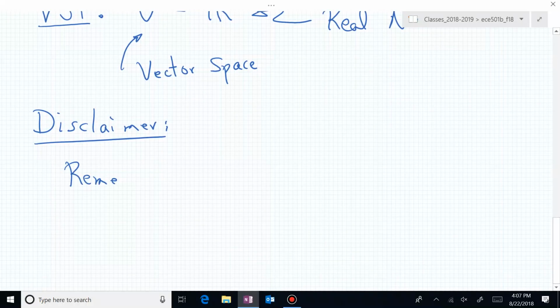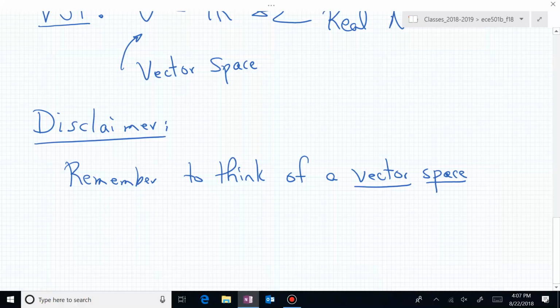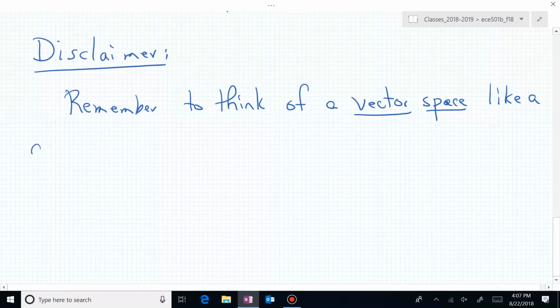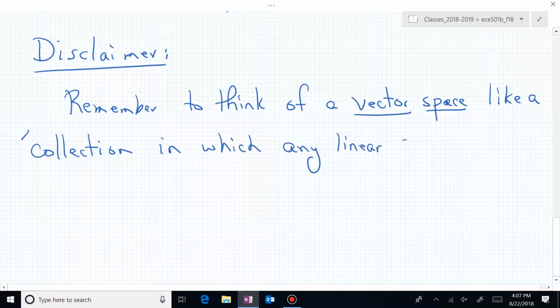Remember to actually think of a vector space like a collection, so here it is in quotes, a collection in which any linear combination makes sense.